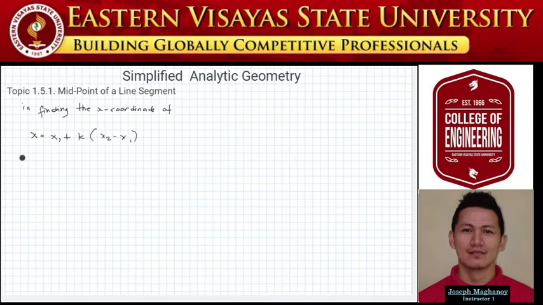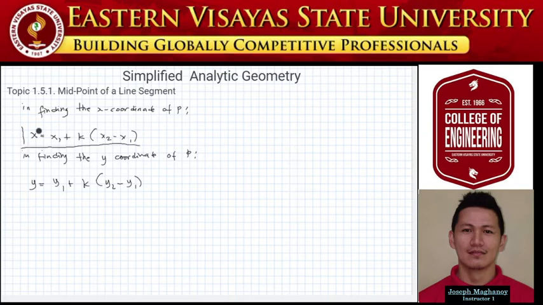And in finding the y coordinate of P, y is equal to y sub 1 plus k times (y sub 2 minus y sub 1). So these are our two formulas.